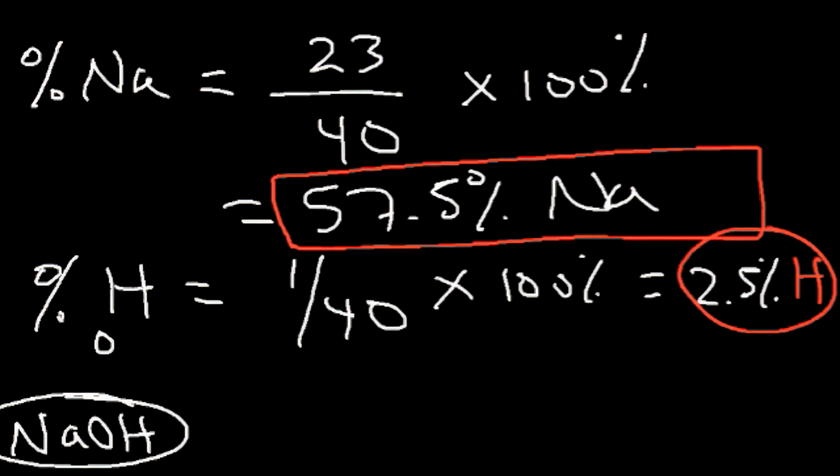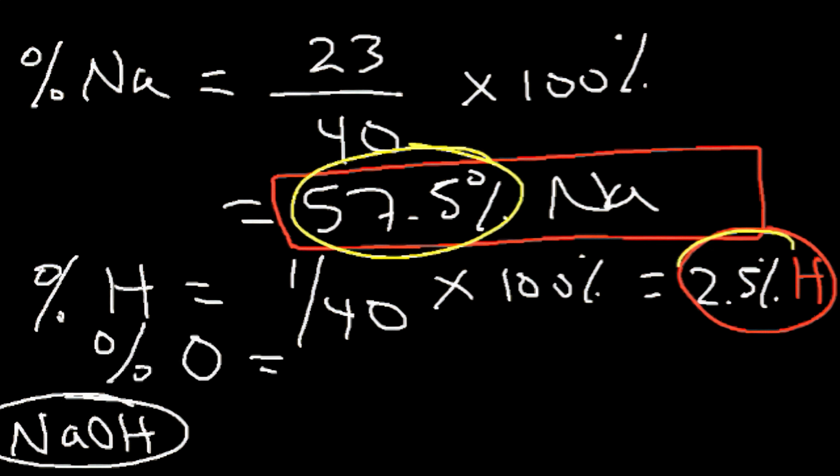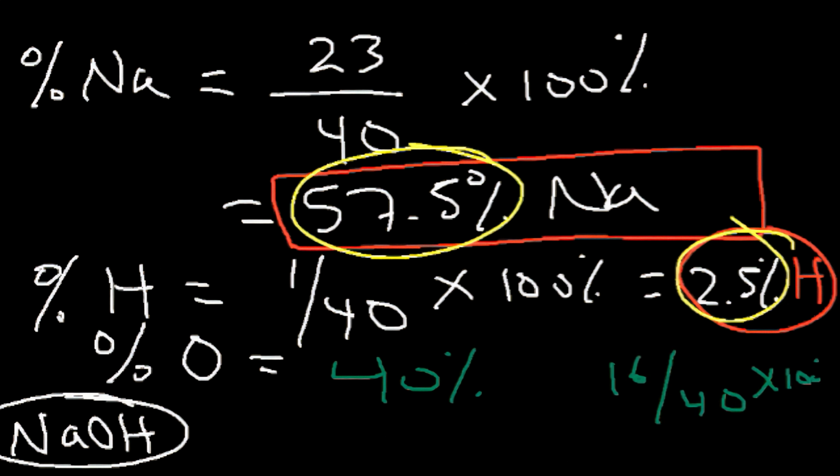Now what about for oxygen? Since oxygen is the last element, we could simply do 100 minus 57.5 minus 2.5, or 100 minus 60. So that means that it's 40% oxygen, because the 3 percentages have to add up to 100%. So if you typed in 16 out of 40 times 100, you should get 40%.